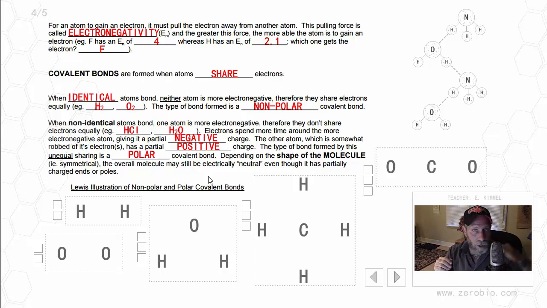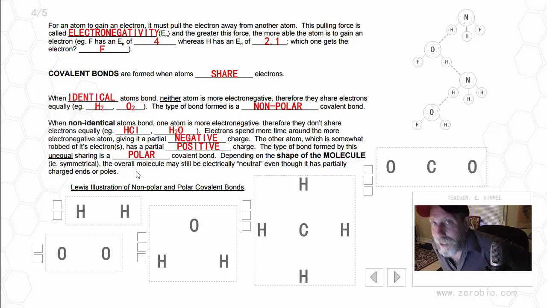So covalent bonds are polar or non-polar, and you're going to have to be able to identify the two different types. Depending, however, on the shape of the molecule, whether it's symmetrical or not, the overall molecule made of these atoms could still be electrically neutral and not have an overall charge, even though it has partially charged ends.